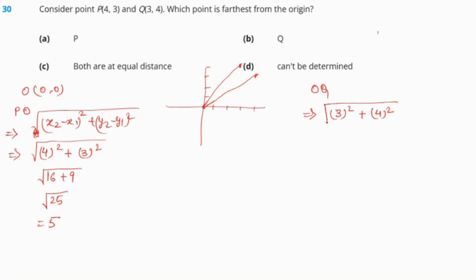We take the root of 9 plus 16, again 25, and the root of 25 is 5. So both are at equal distance. The answer is that both are at the same distance from the origin.